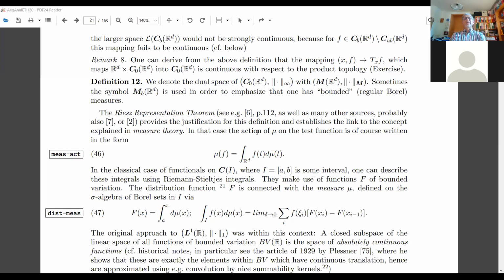I don't care about what the linear functionals on this look like, but if you have understood the cubic polynomial case, maybe we can represent these invariant functionals by linear functionals on the space C0. I will use the symbol M for bounded measures, M for measure. Actually, most of the time I will use MB to emphasize that these are the bounded measures.